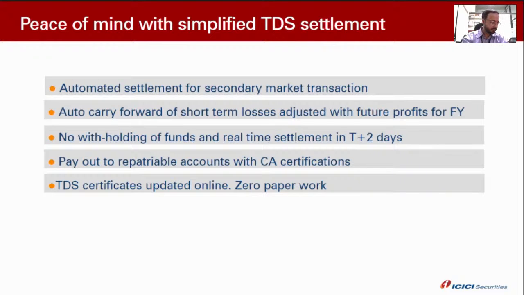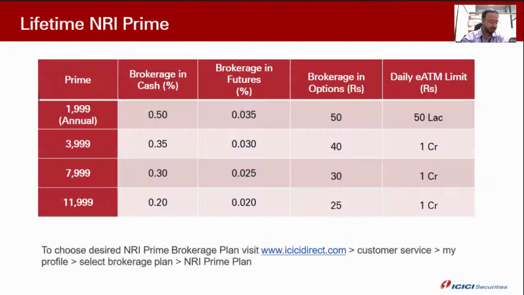To give you a small detail on the brokerage plans that we have for NRI customers, right? The default brokerage, if you have not selected any brokerage plan, is on the higher side. It's 1.25% on the turnover, which we understand is high, but please understand the operational expenses for NRI transactions are also quite high, which is why the default brokerage structure is 1.25.